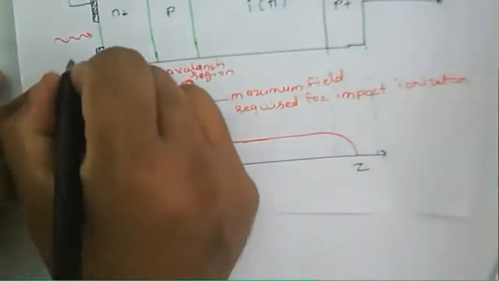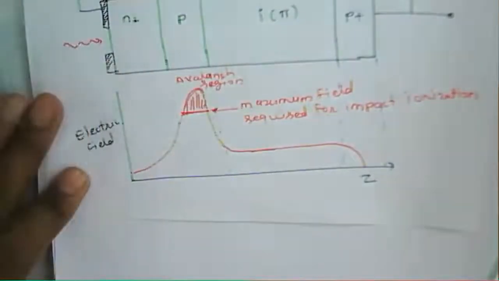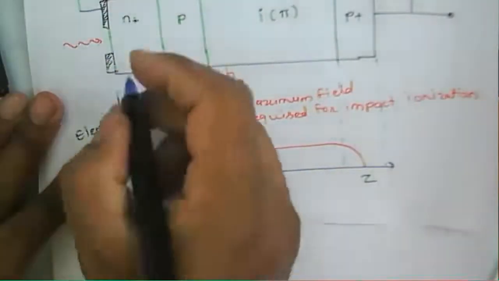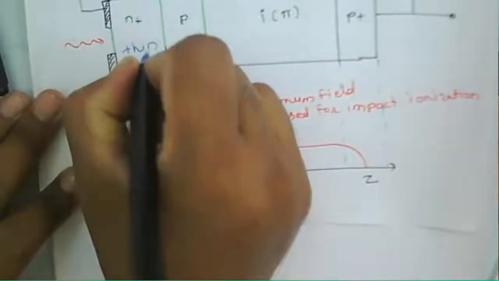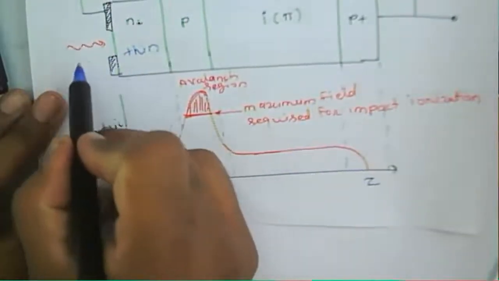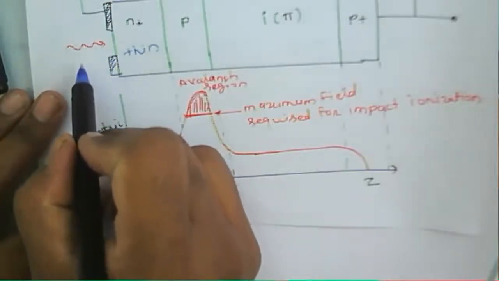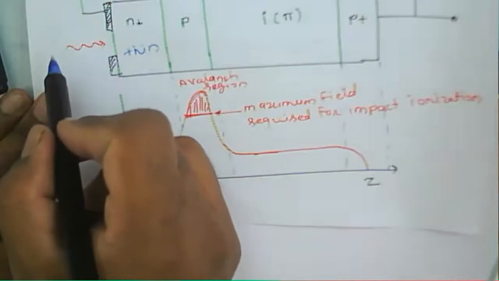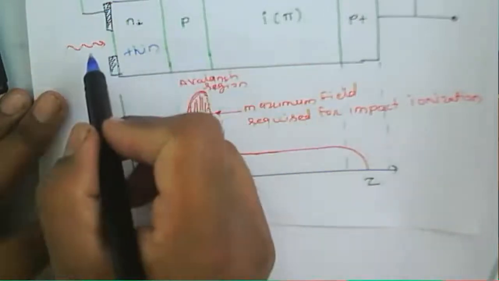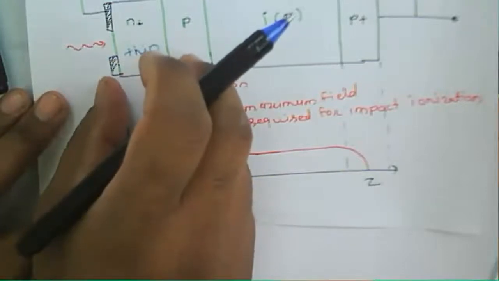Now here is an n plus layer, and this layer is a very thin layer, because the photon is to be incident on this particular layer and propagate through it. So that's why this one is a thin window.